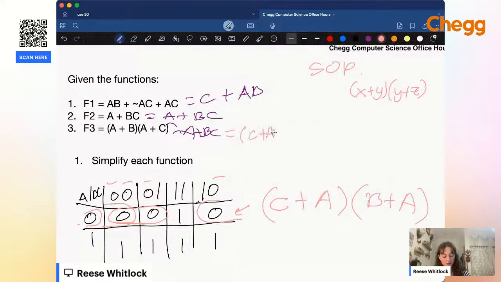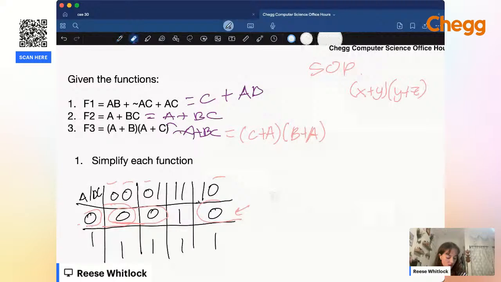But the sum of products version is going to be this. So in your exams and stuff, you're probably going to be asked to put it in sum of product form or product of sum form, and just make sure to not get them mixed up like I do. But it's going to be the difference between locating all the f equals 0 boxes versus f equals 1 boxes.